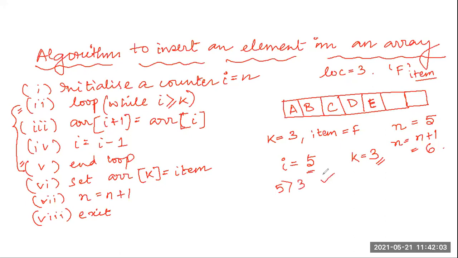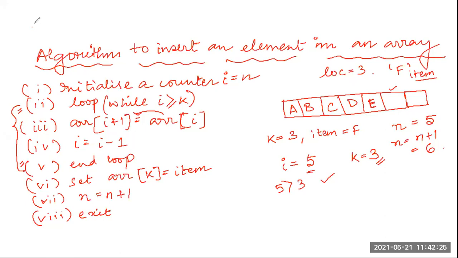Yes, it is true. If it is true, then see, it is written that array of I plus 1 location will have what was there in array of I. This is an assignment operation, meaning the right side value will be placed in the left side.